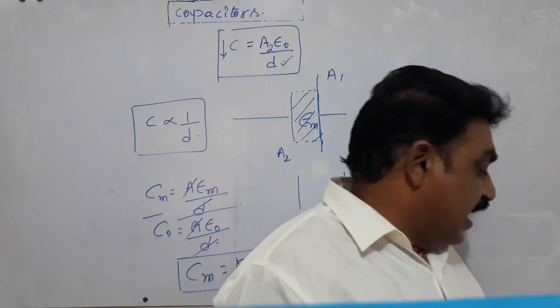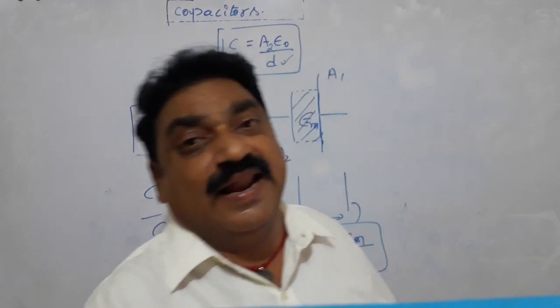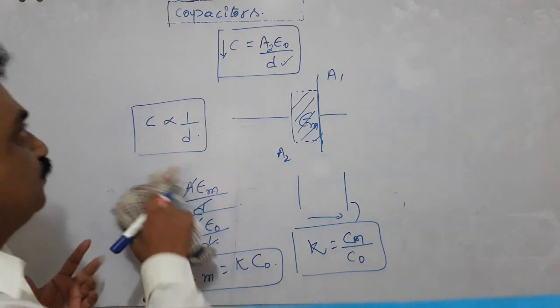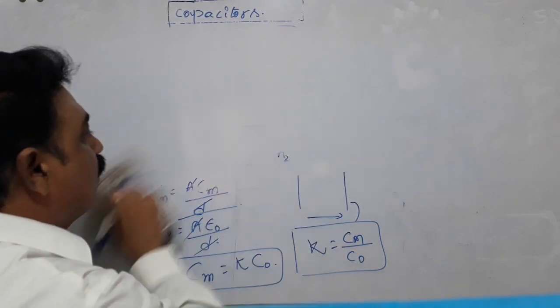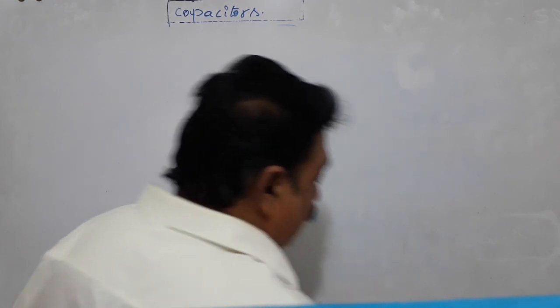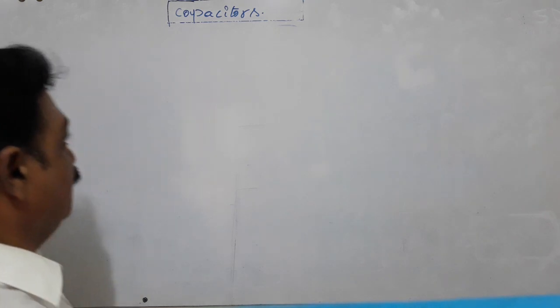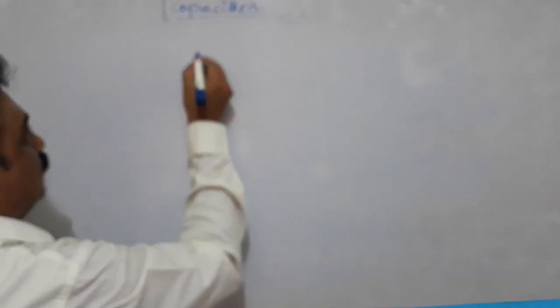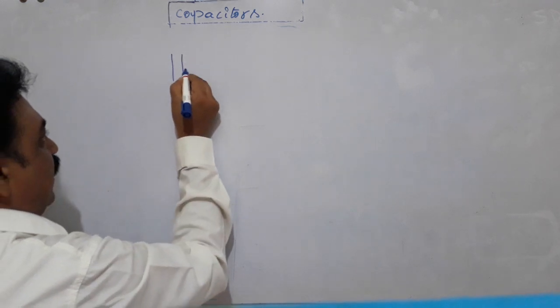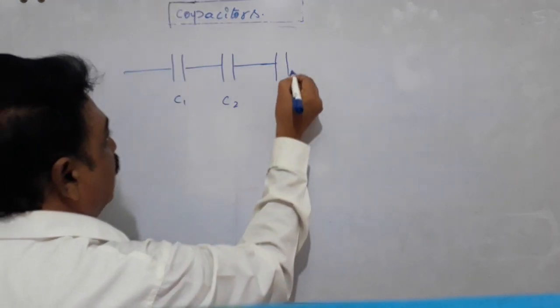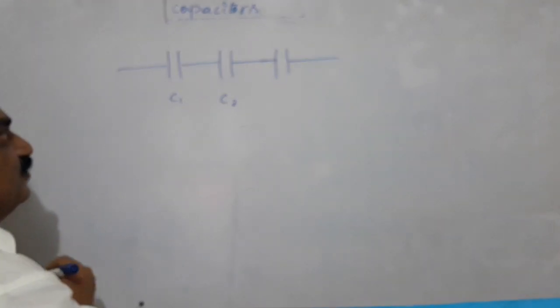Now, I am going to discuss the parallel combination and series combination of parallel plate capacitors. I am taking different capacitors of capacities C1, C2, C3 connected end to end.